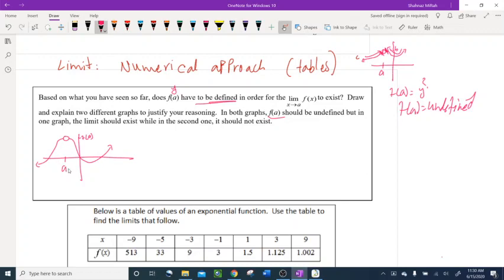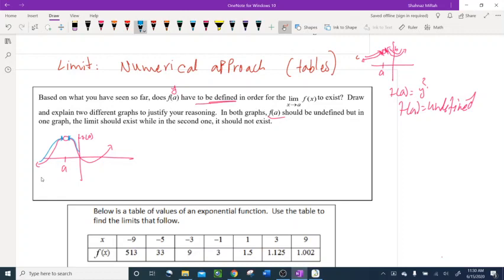So in this case, the question is if the limit exists. The limit does exist even if f of a is undefined. When I approach a from the right side, I'm getting arbitrarily close here. As x approaches a from the left side, I'm getting arbitrarily close here. It's going to round up to f of a anyway. So the limit does exist.